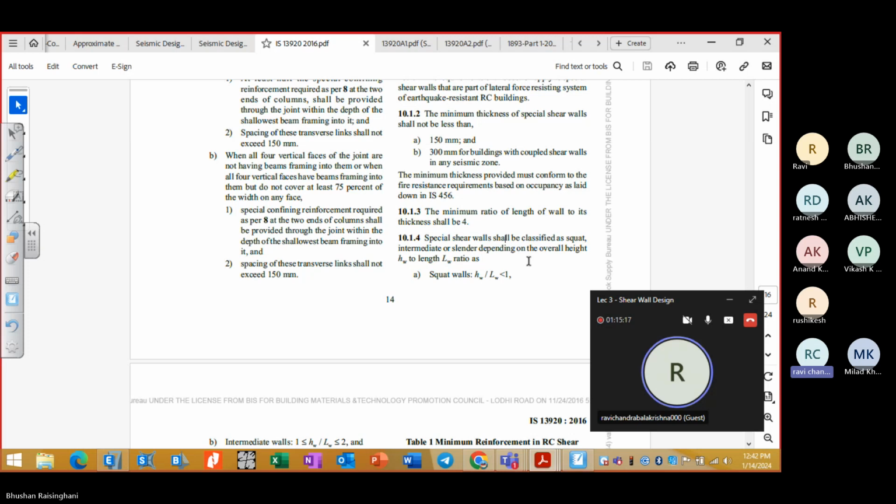Sir, I have a question in this area. Many times I'm seeing that, let us suppose I have a column of 1500 by 400 something. Let us suppose I assign my column as a frame element and I'm checking my story stiffness. Suppose it's not satisfied, now I'm removing the column as a frame element and assigning it as a shell element.